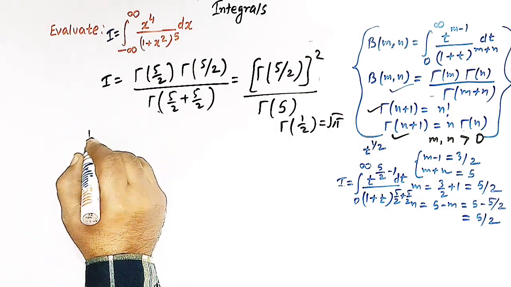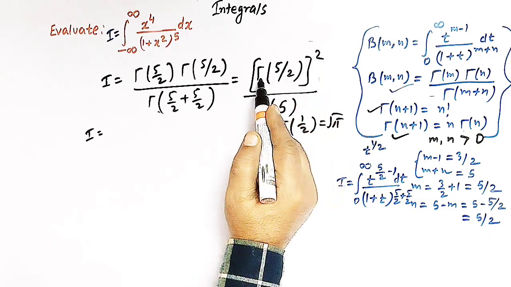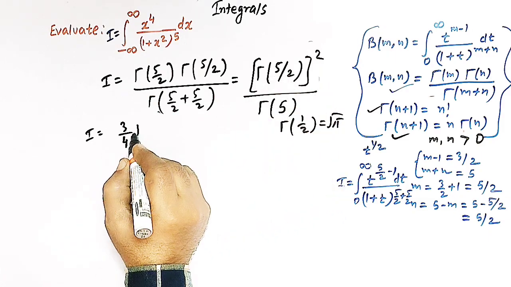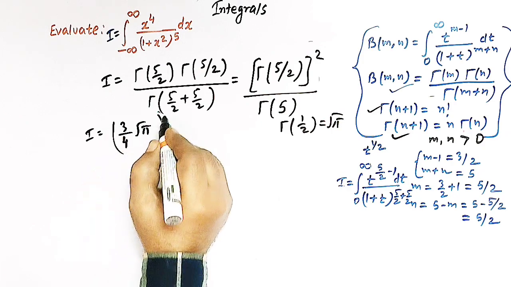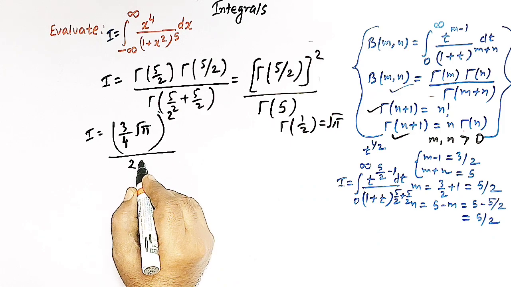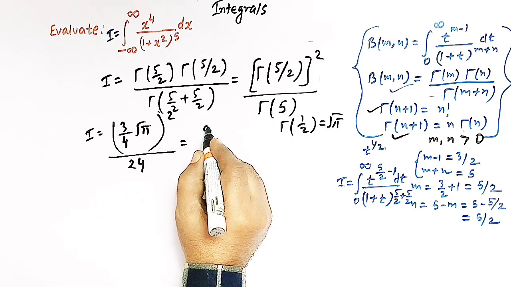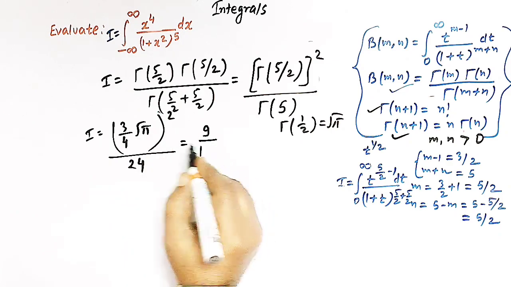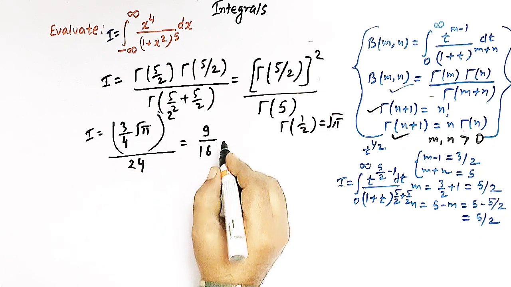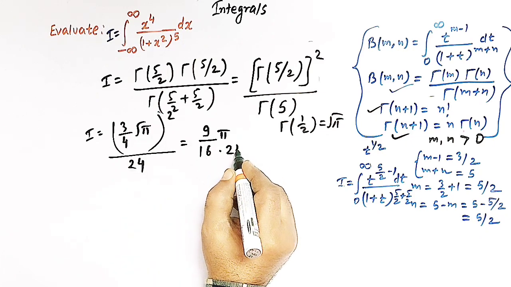So now the value of the integral I is equal to the square of gamma 5 by 2, that is 3 over 4 root pi squared, and gamma 5 is equal to 24. So 3 square is 9, 4 square is 16, and the square of root pi is simply pi, and in the denominator we have 24.